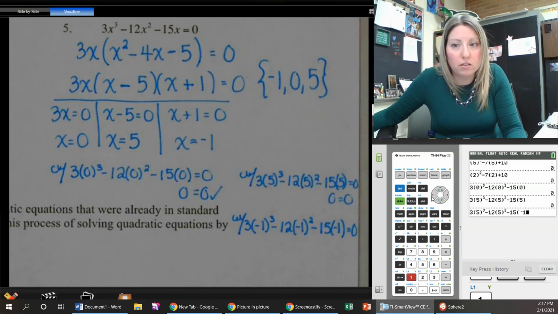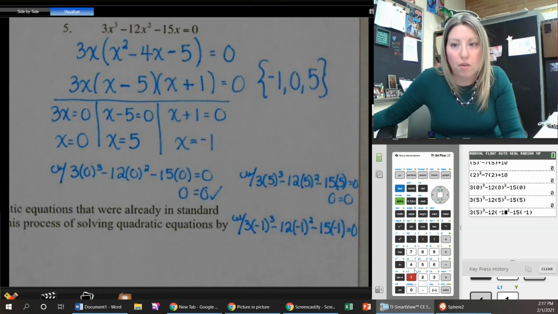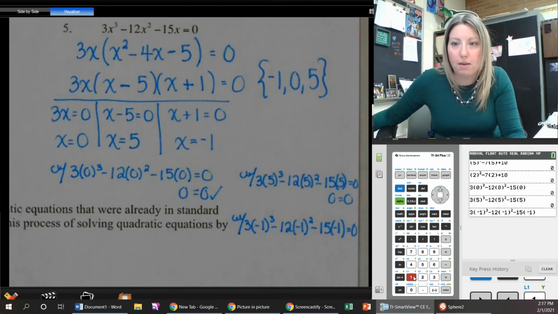Because there are going to be 2 spaces that you need second and insert to get your negative. And then notice I arrow over so my cursor isn't changed anymore. And this is a 1 that I'm putting in. And then I do that one more time all the way over here. So second and insert, that's the delete button, gets me the extra cursor going. So negative, and then I arrow out and then come back to change it to the 1. Because otherwise I'd have to go back and delete the 5 anyway.